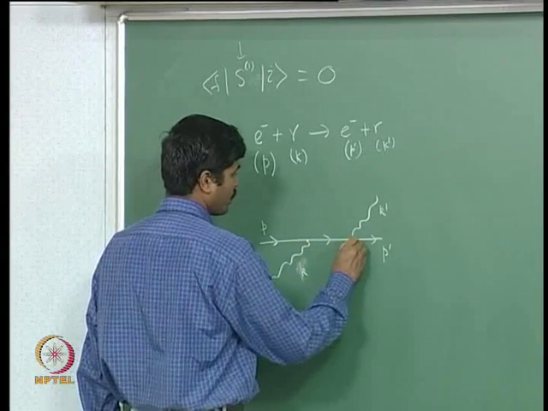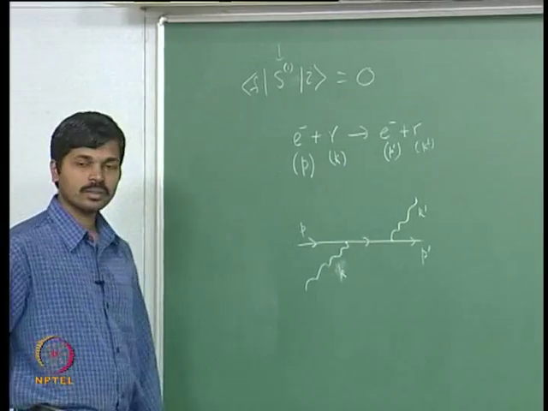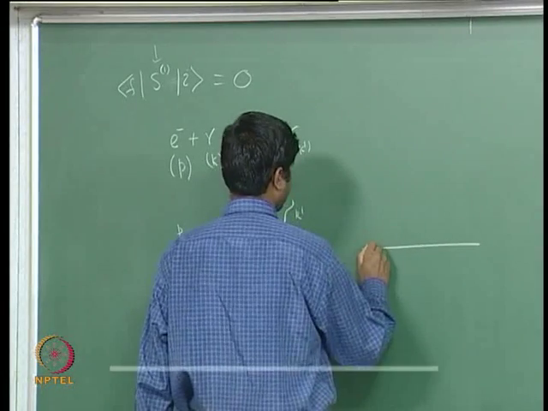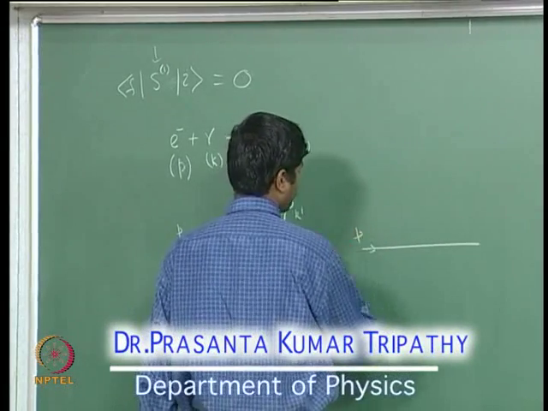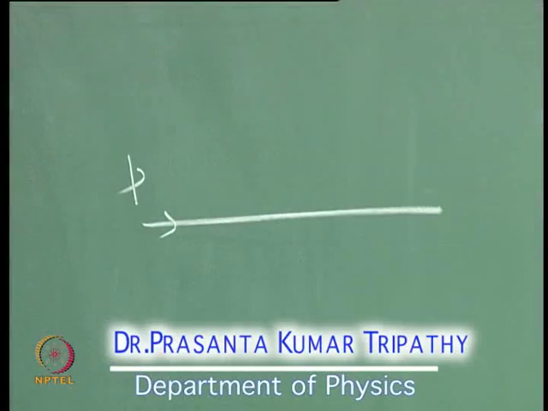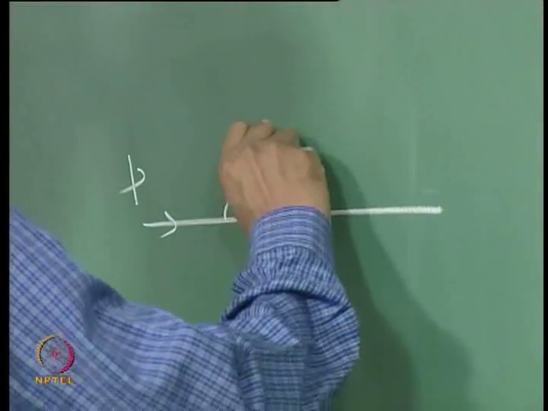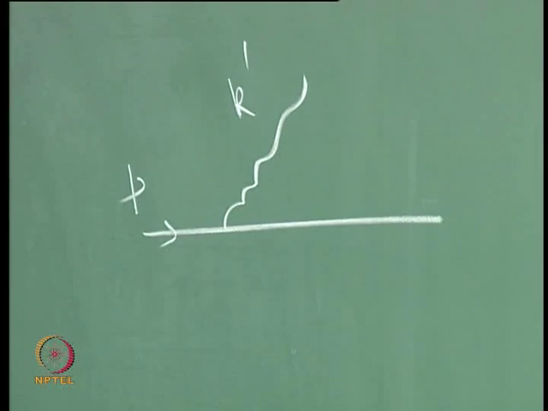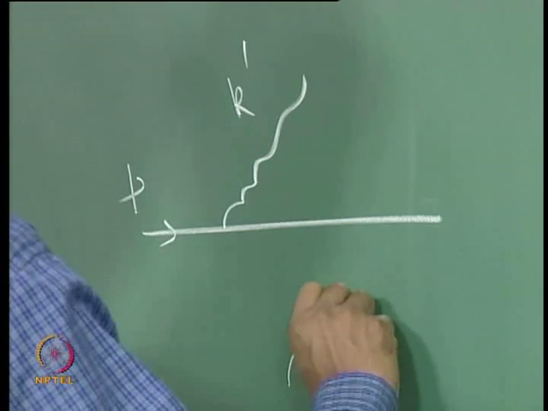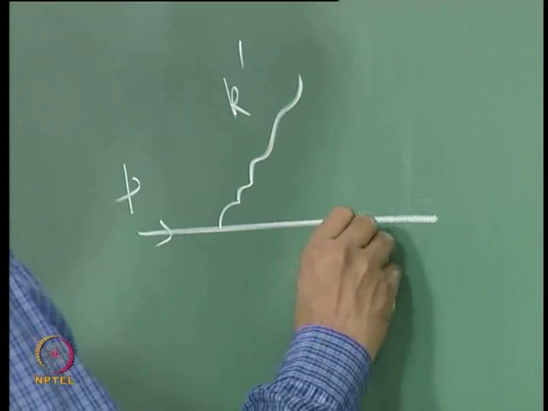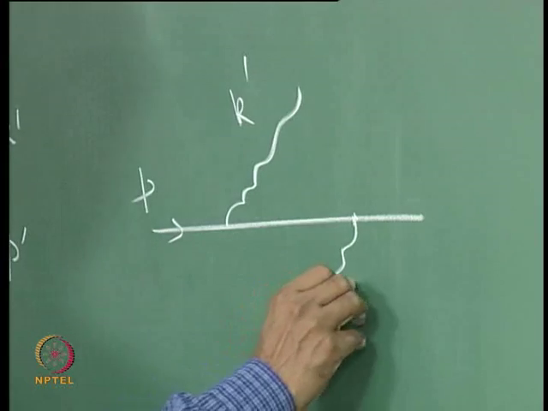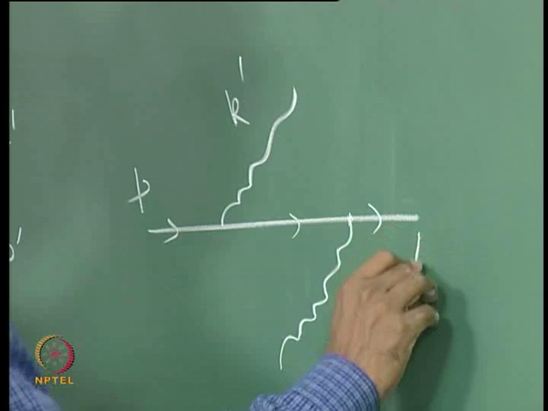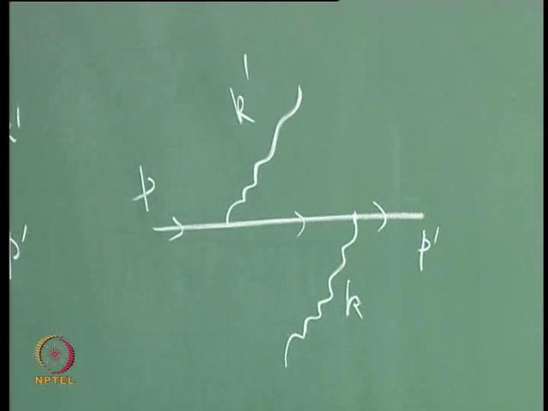There is a propagator from the point x2 to x1. We had also seen that you can have an incoming electron of momentum p emitting first an outgoing photon of momentum k prime, and then the incoming photon of momentum k is absorbed, and finally you get an outgoing electron of momentum p prime.